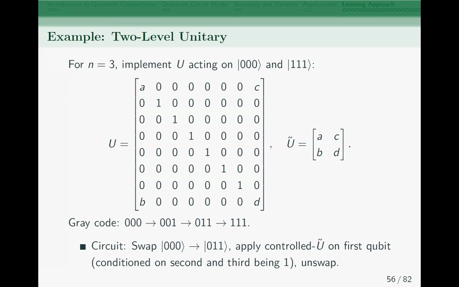Let's think about n equal to 3, which is the trivial case. Let's say U applies on 0, 0, 0 and 1, 1, 1. So this is not a single-qubit unitary, because it's fixed on all 0 and all 1. If you write these matrices, it's basically A and C and B and D.